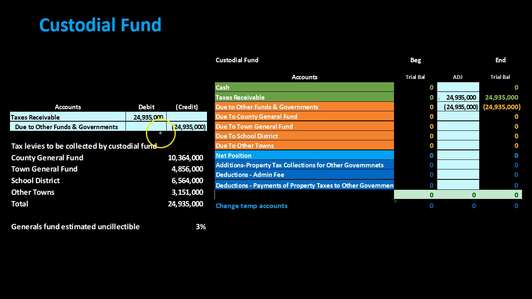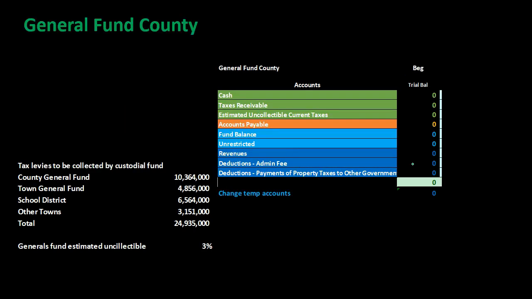But instead, we're going to put it to due to other funds and governments, because in essence, this is a holding account. So we want to record the liability saying that whatever we collect then is going to be due to the other funds and governments. Now, we are going to have to record the activity in the temporary accounts down here so we could see basically the temporary flow of what happens as well. We'll see how that happens at a later time.